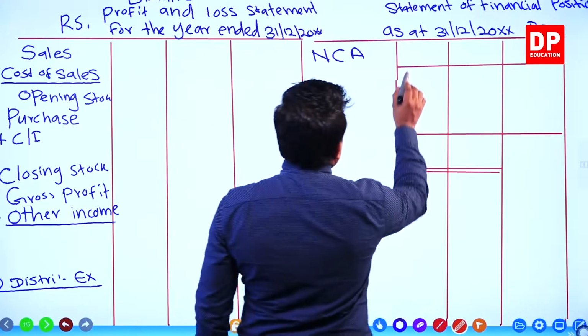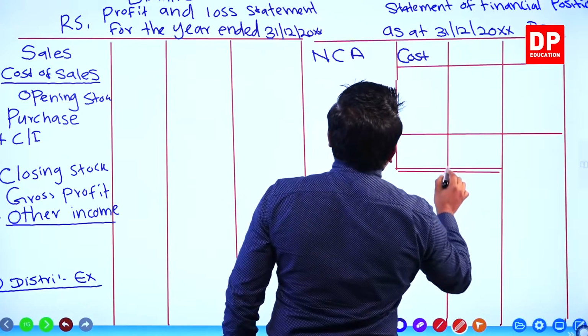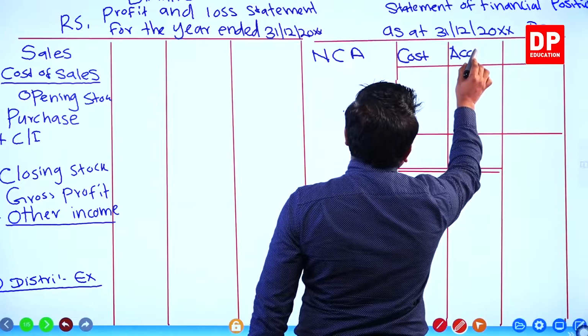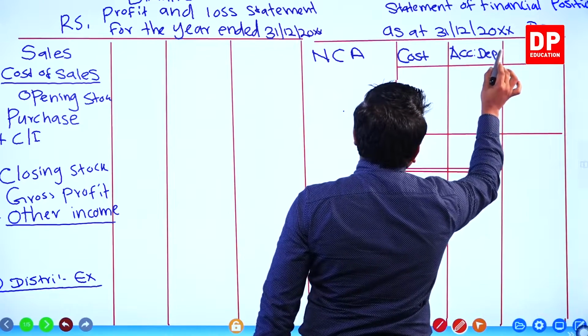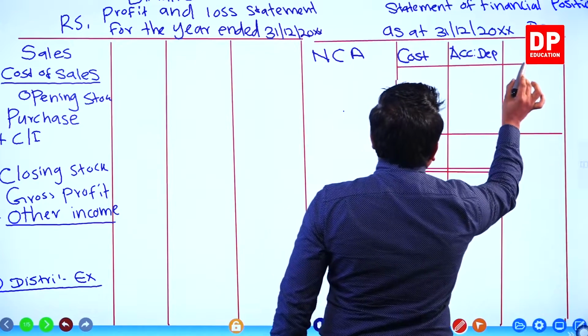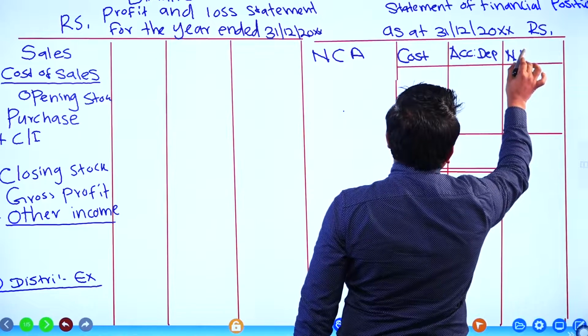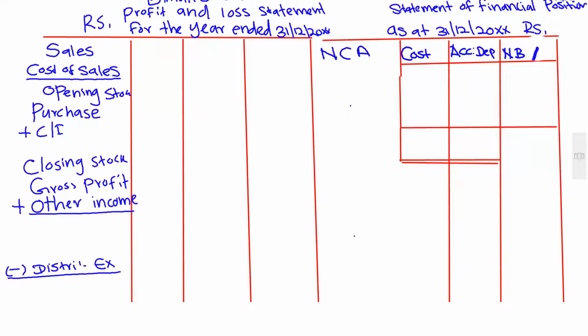Here cost, all the cost of the non-current assets. Here accumulated depreciation. Here net book value, which is the value after the depreciation.